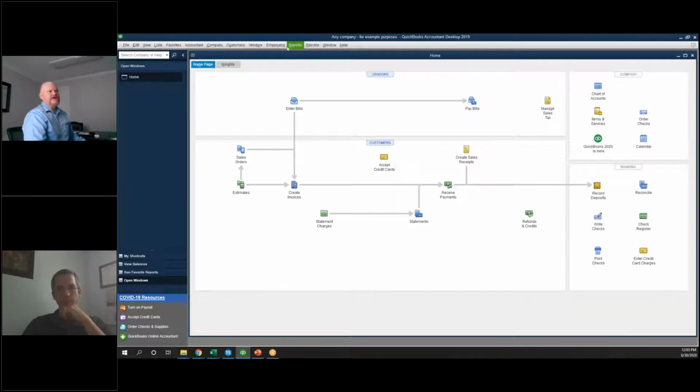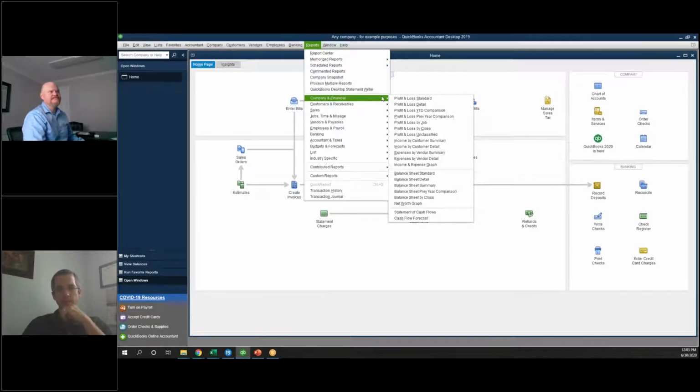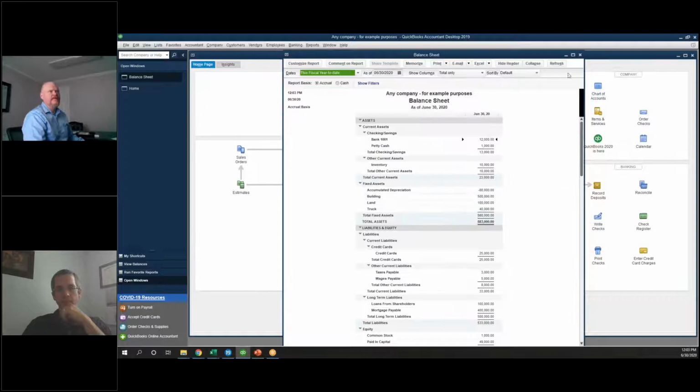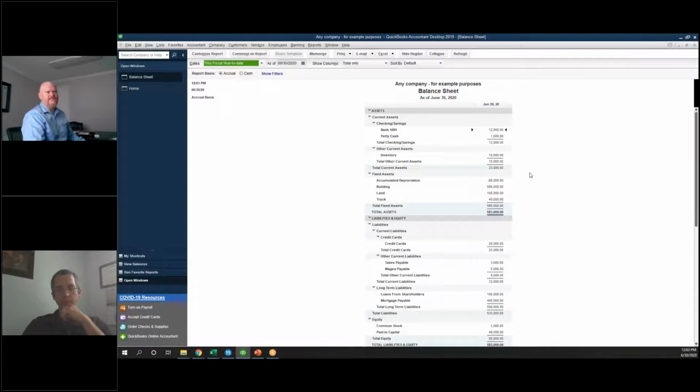Here's what my balance sheet looks like right now. I'll go to reports, and go to my balance sheet. Here's what my balance sheet looks like for this company that I made to do this class. This is how most of them look. These are obviously very round numbers. But here's my list of assets.